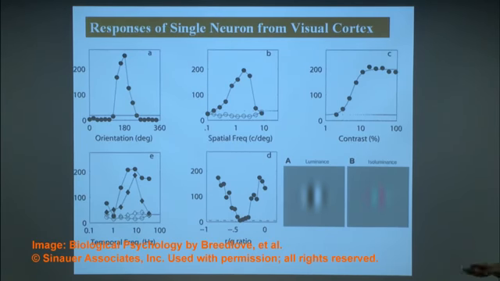And 0 and 180 are vertical, but 0 is when it's moving to the left, 180 is when it's moving to the right. So this neuron doesn't respond to the vertical grating moving to the left or a horizontal grating, but responds beautifully going to the right.